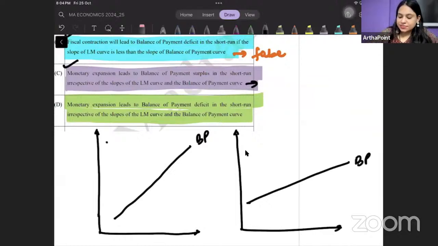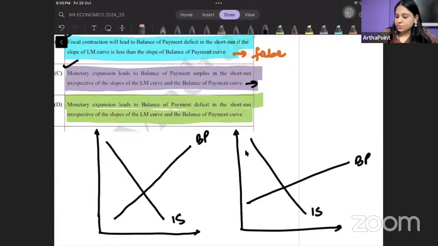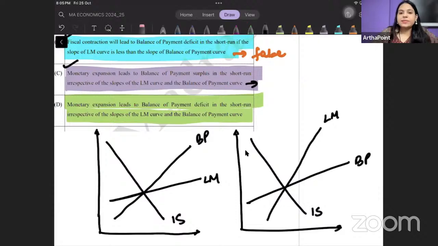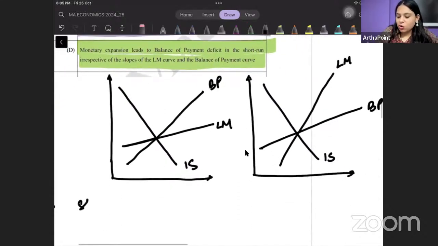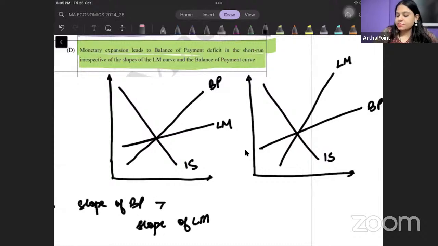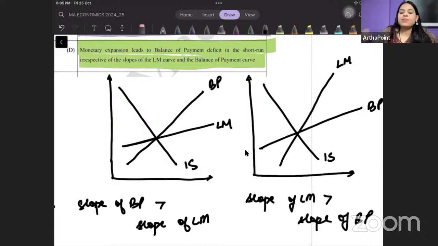This is my IS curve and this is my LM curve. Steep LM, flat LM. तो यहां हो गया slope of BP more than slope of LM, slope of LM more than slope of BP.